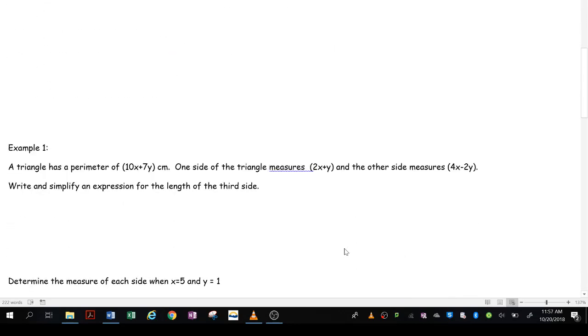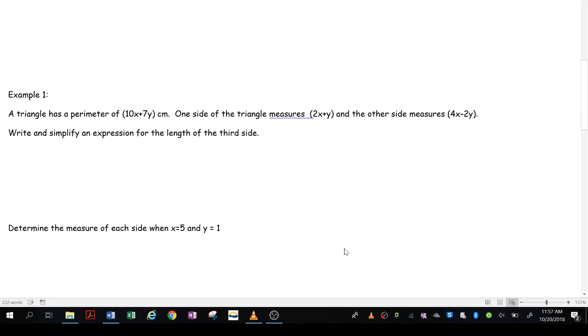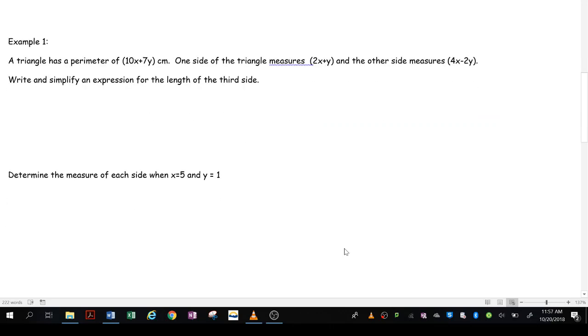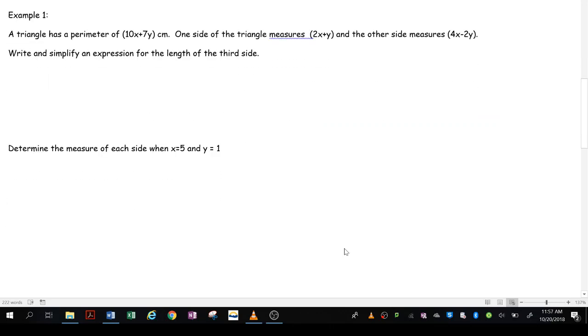So in this first example, you have a triangle which has a perimeter of 10x plus 7y centimeters. One side of the triangle measures 2x plus y, and the other side measures 4x minus 2y. Write and simplify an expression for the length of the third side.